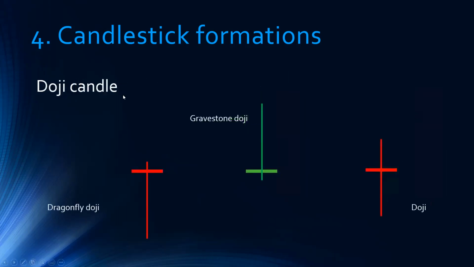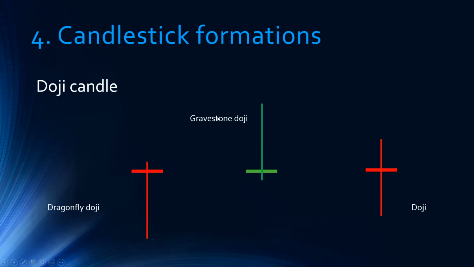The doji candle. So these are basically indecision candles. Okay, but you can tell a lot in the market just by the formation of these candles. Within the doji candle, you've got your normal doji, which is standard indecision, where the wicks are generally the same length and price traded to the same level in the middle.